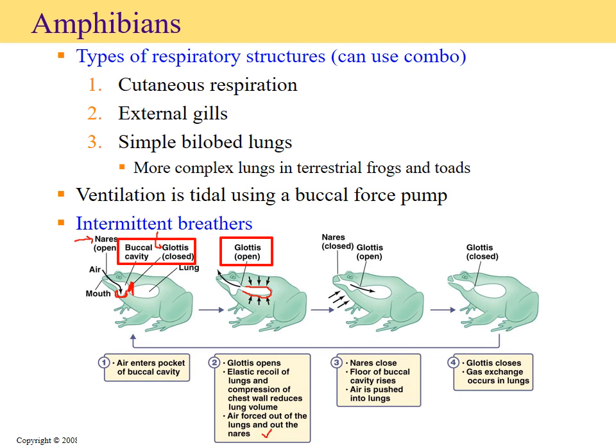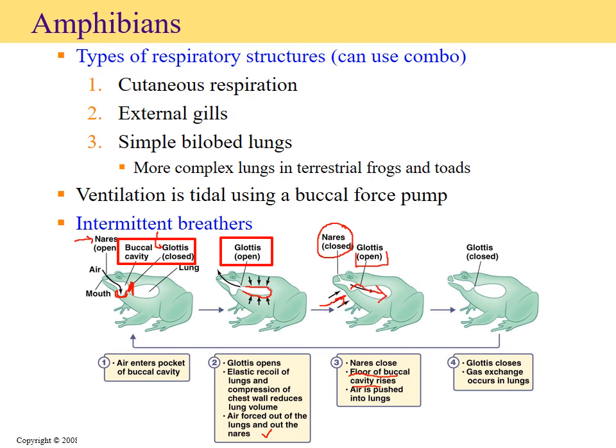Now, at that point, once the expired air is gone, the nares will close off, the glottis will remain open, and then here's where the buccal pumping comes in. We're going to raise the floor of the buccal cavity, and this creates a pumping mechanism that allows the air from the buccal cavity to glide past the open glottis into the lungs.